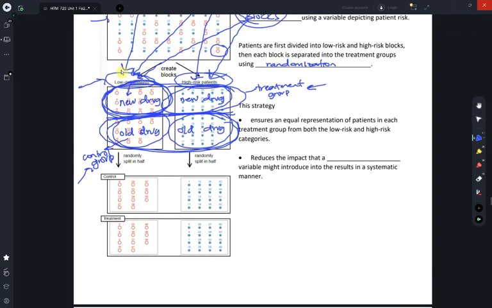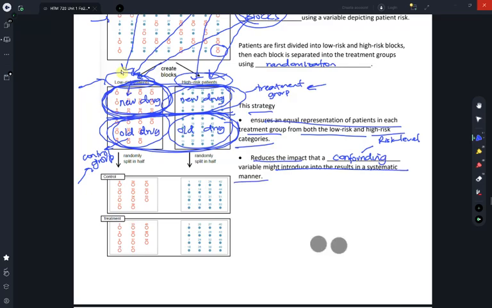At the end of the day, this strategy ensures an equal representation of patients in each treatment group from both the low risk and high risk categories. It also reduces the impact that a confounding variable, and the confounding variable in this case will be the risk level of the patient, might introduce into the results of these findings in a systematic manner.